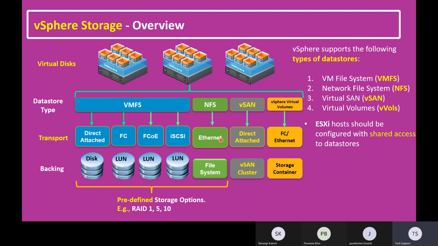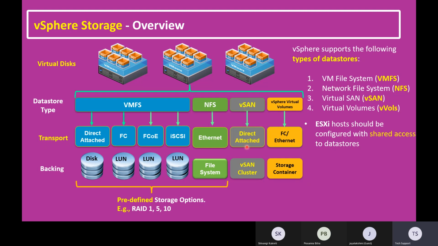When it comes to NFS, the transportation network is only the normal IP based network, that means Ethernet, and the file system is NFS. And when it comes to virtual SAN, we don't require any external storage. We configure it only on the direct attached disks. That's why I highlighted direct attached here.